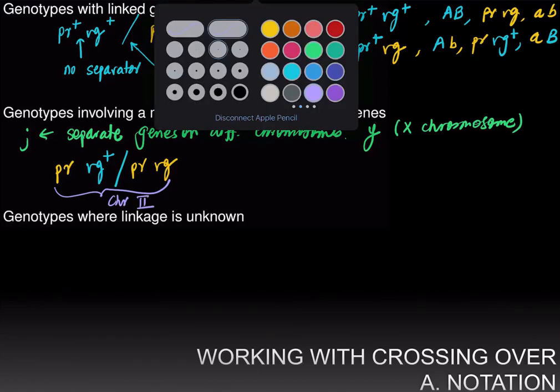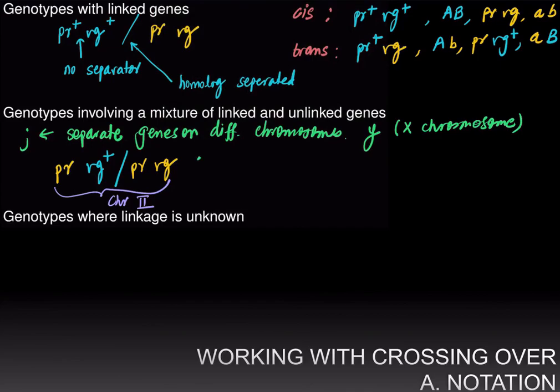Then we separate chromosome 2 from chromosome X with a semicolon, and we write the genotype of chromosome X. In this case, they are homozygous recessive for yellow, so they have 2 X's, and we once again use the forward slash to separate the 2 homologs, and they are little y over little y.